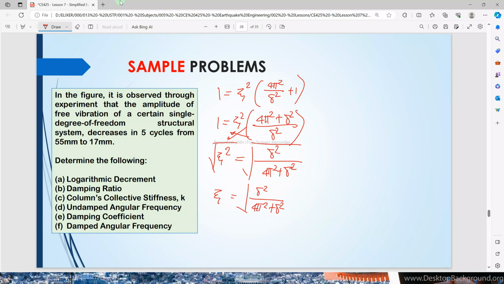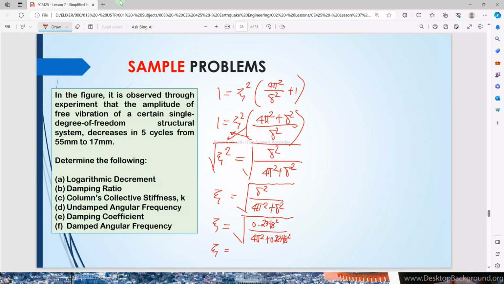Since we have the logarithmic decrement delta, we can now solve for the damping ratio. Our damping ratio psi is just equal to 0.2348 squared over 4 pi squared plus 0.2348 squared.